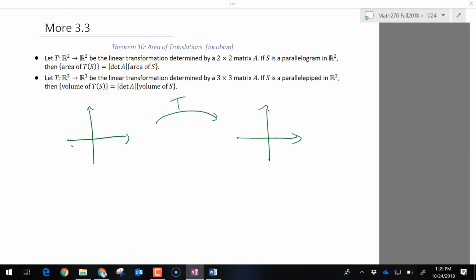So we have a transformation going from R2 to R2. Let's say this is XY, and let's say this is UV.